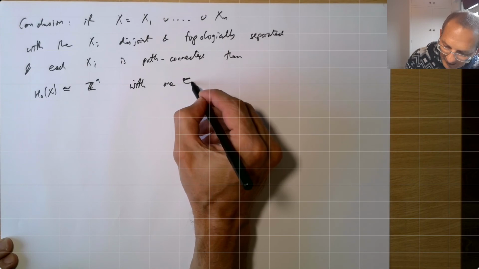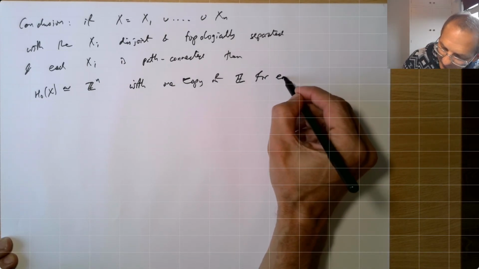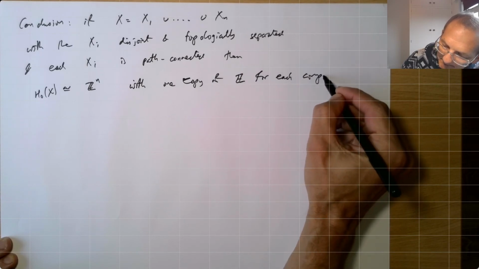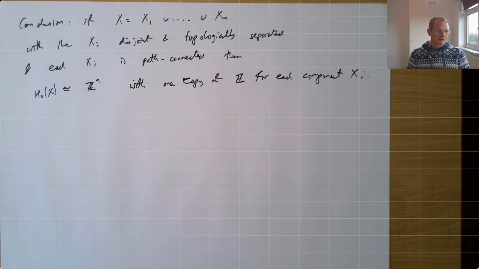There's one copy of Z for each component Xi. So that's how H0 works out.